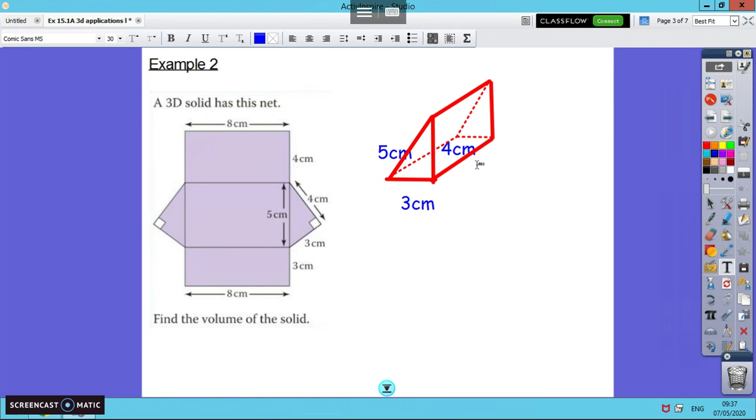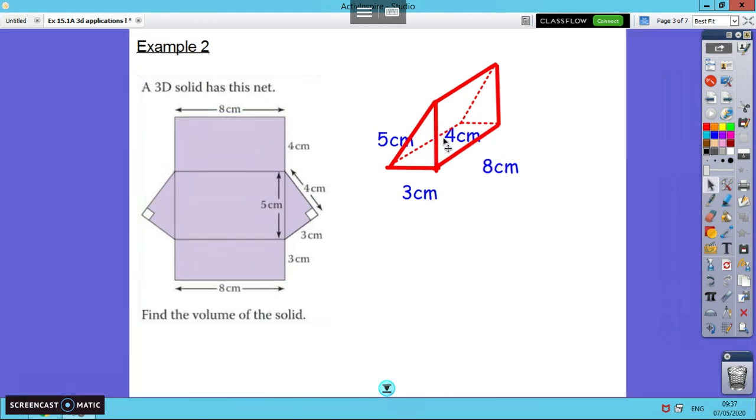And then the length of it is 8 centimetres. So the 4 belongs to this here, and then your 8 is the length the whole way along. Okay, so there's a view of what I think it would look like as 3D. Now we can see a good sketch of what it looks like.